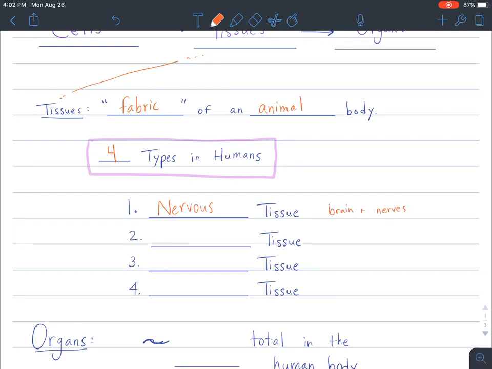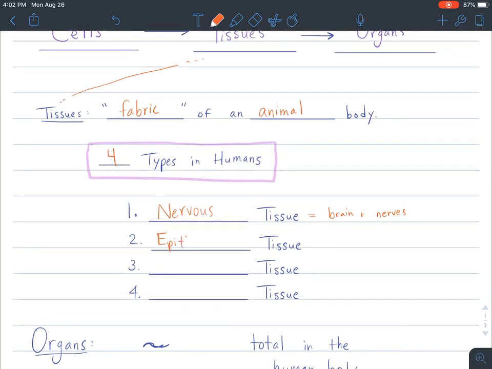The second type of tissue, this is a fun word here, epi, which means on top of. So epithelial tissue. It's a fancy word to say our skin or our organs, like the inside of our stomach or any hollow organs are going to have some epithelial tissue that makes up their structure. The third type of tissue is the one that we're going to learn most about here in the beginning of Unit 1A, and this is muscle tissue.